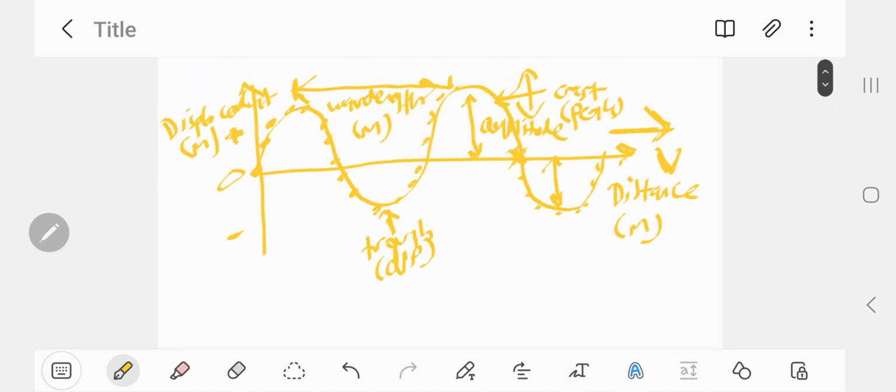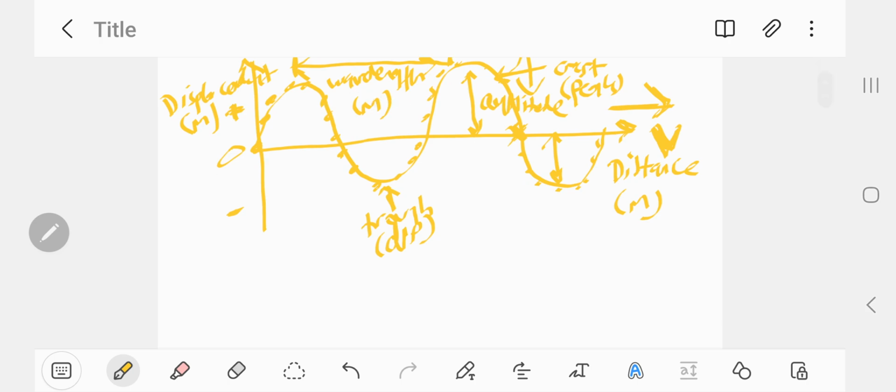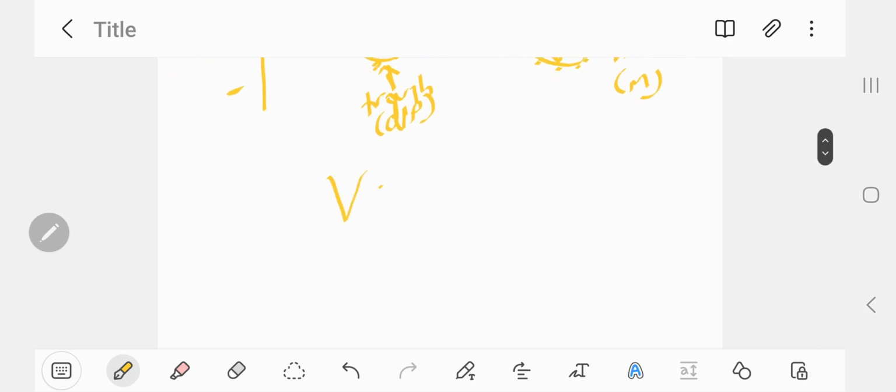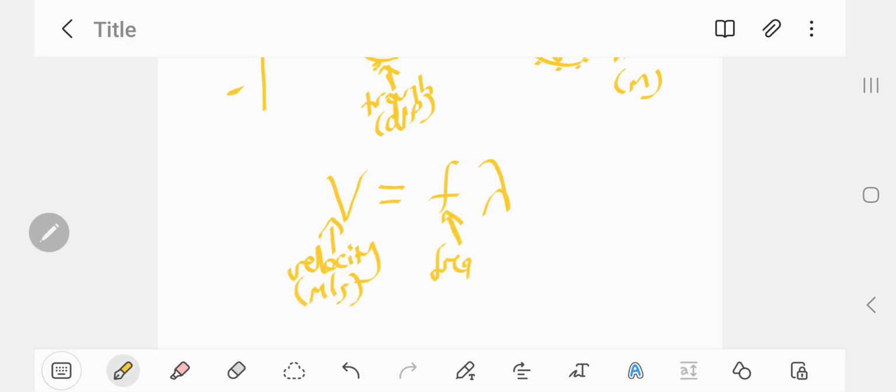And it turns out there's a relationship between the velocity of the wave, how fast it's going, the wavelength, and its frequency. It's very simple. v = fλ. v is the velocity, the speed of the wave, meters per second typically. f is the frequency of the wave, measured in hertz. Lambda is the wavelength, measured in meters.